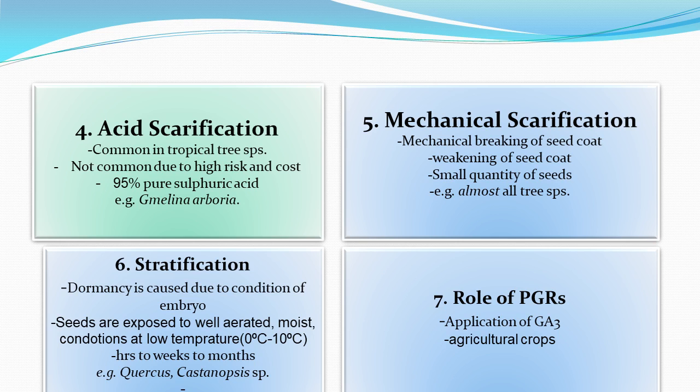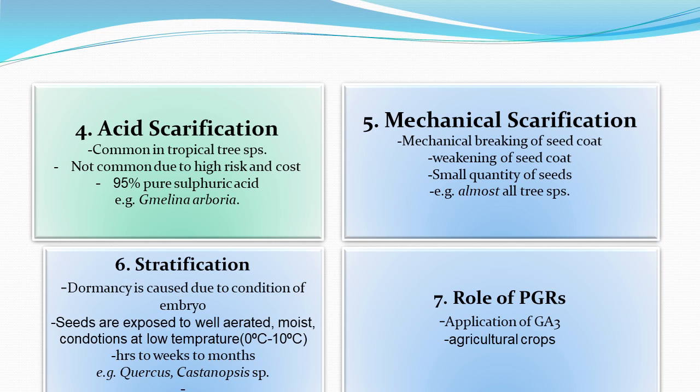breakdown of physiological dormancy. If you remember, when I taught you physiological dormancy, I told you that the breaking of physiological dormancy is possible only by stratification, in which the seeds are exposed to low temperature from a few hours to a few months.